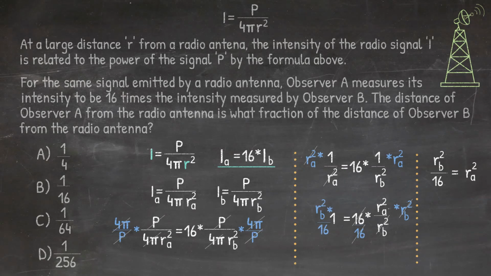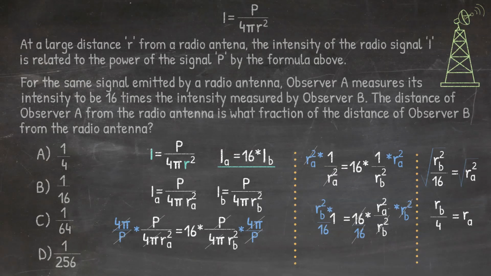So let's reverse the operation of squaring by taking a square root of both the left and right side. If we do that, we are left with r B over 4. The square root of r B squared is r B, and the square root of 16 is 4. So r B over 4 would equal the square root of r A squared, which is r A. So we get this setup finally, which is r A equals r B over 4.